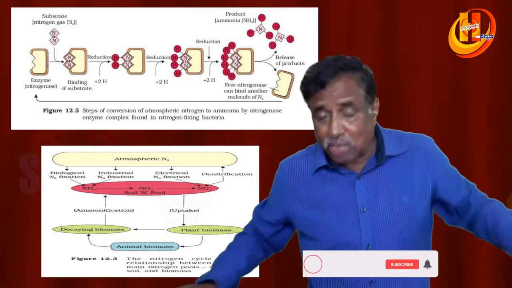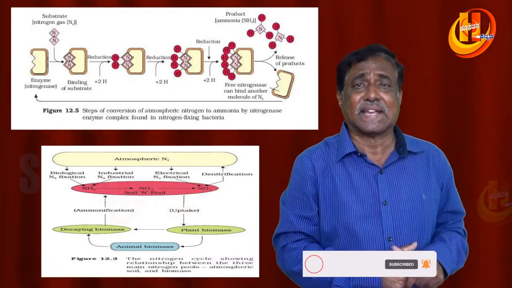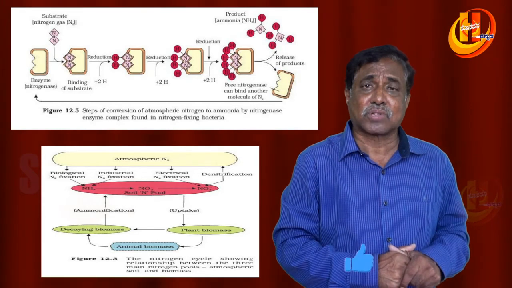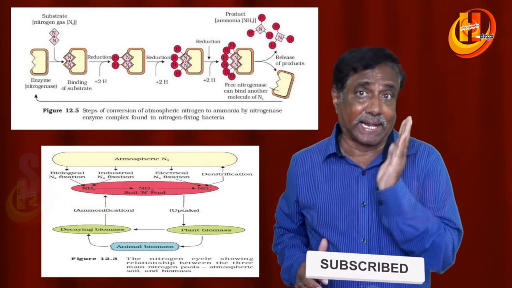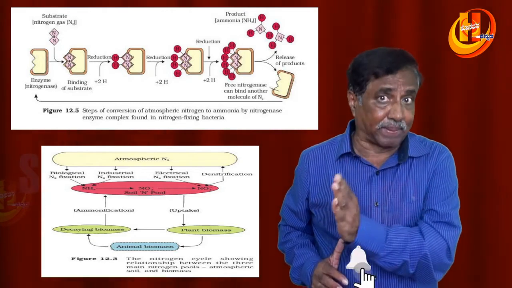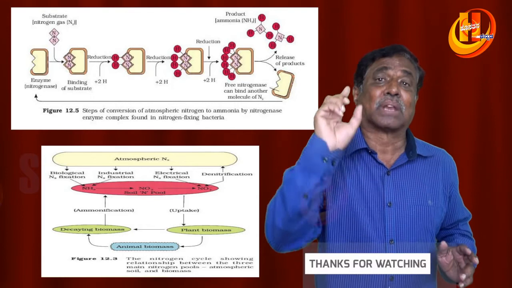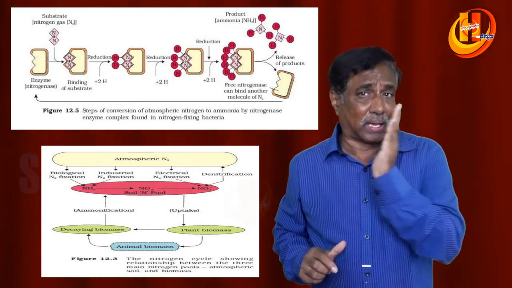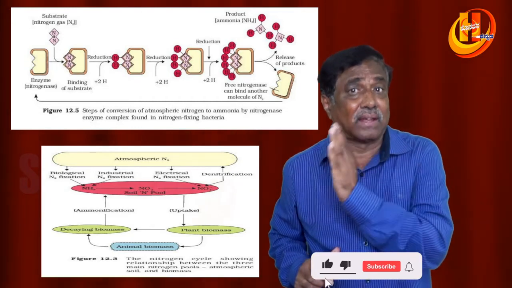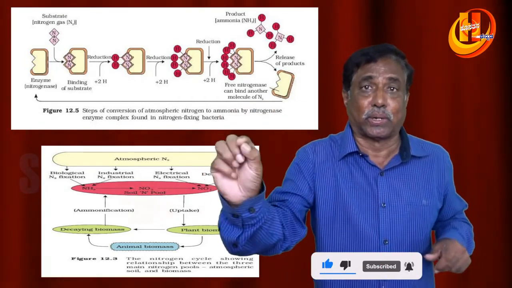It is given not because of bacteria but nitrogenase. So that is N2 plus 8H plus 16 ATP gives 2 NH3 and 16 ADP and 2H plus.